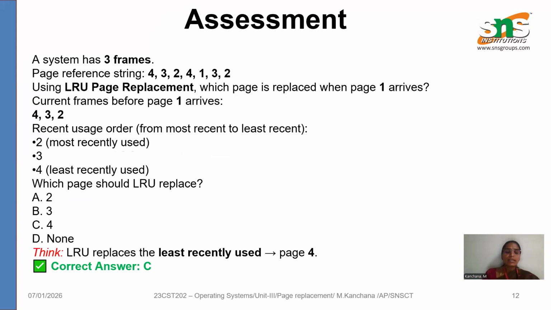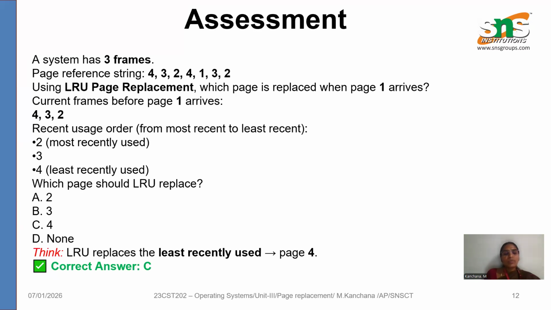So imagine this is an assessment. Imagine a system with three frames and the page reference string 4 3 2 4 1 3 2. Right before page 1 arrives, the frames are completely full, holding 4, 3, 2. Looking back at the recent usage order from most recent to least recent: 2 was used last, then 3, then 4 is our least recently used page.